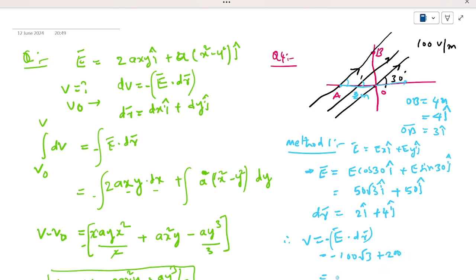So that equals 100 times (root 3 plus 2). So this is the given answer. Otherwise 200 plus 173.4 equals 373.2, and minus 373.2 is also an answer for the potential. But they have given it like this, so we are going like this. So this is one method. So coming to the second method.